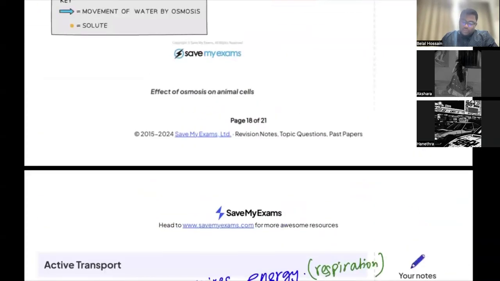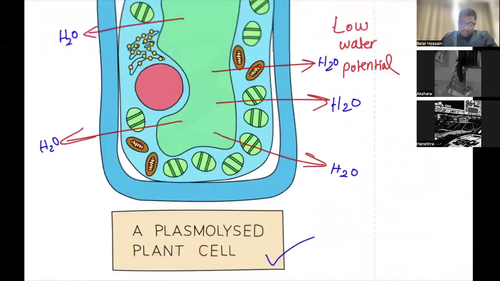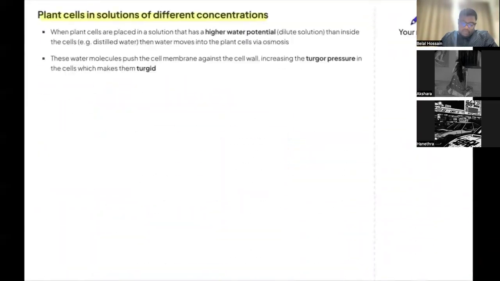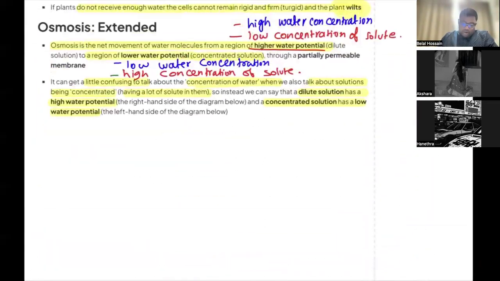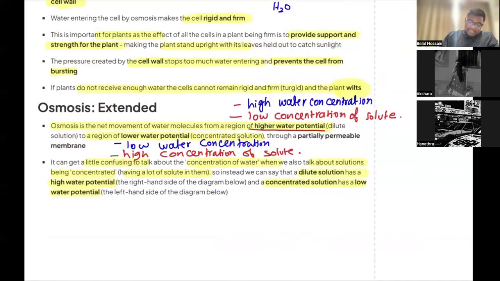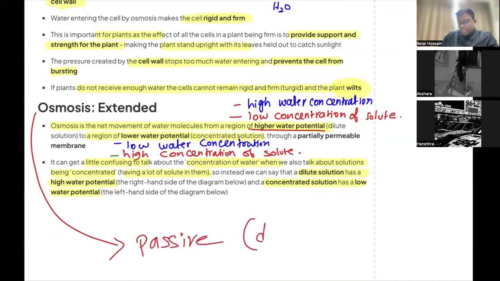Nice. Okay, so just so that you remember, and one more time, a recap of osmosis. This is not active, this is passive. Do not need energy from respiration.